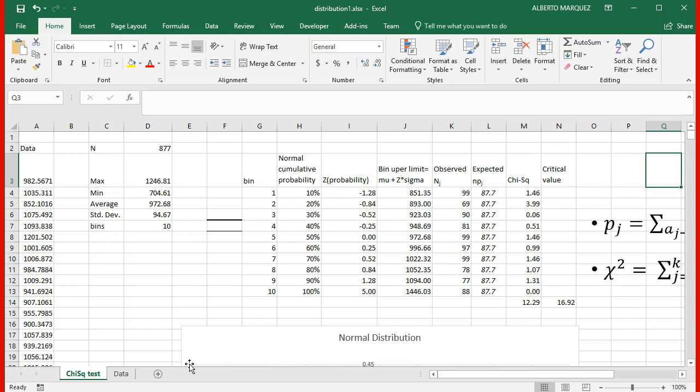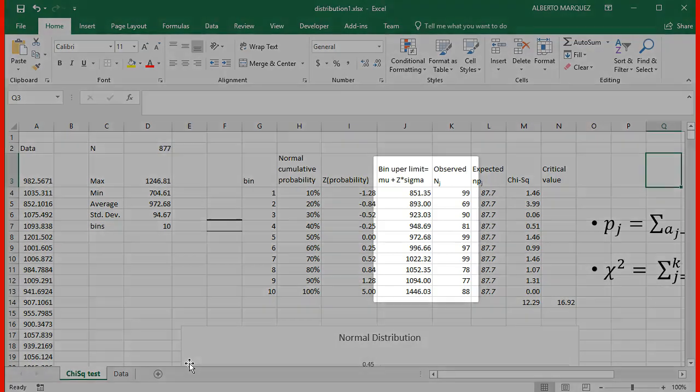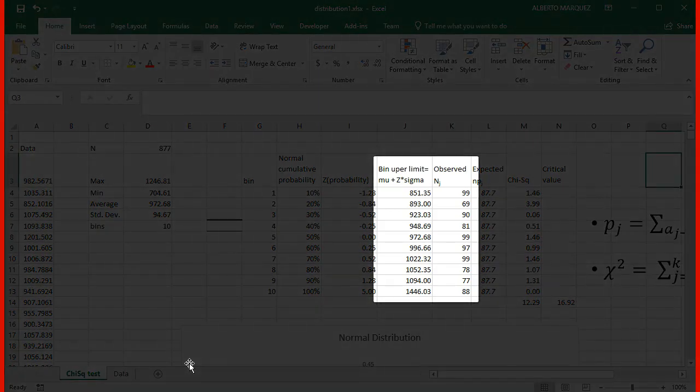And then we proceed to count how many times we observed data between negative infinity and 851, from 851 to 893, from 893 to 923.03, etc. And this is the observed frequency. We have 99, 69, 90, 81, and so on.